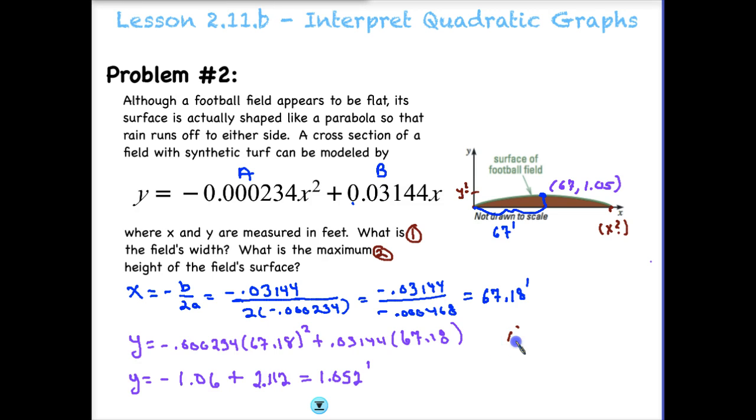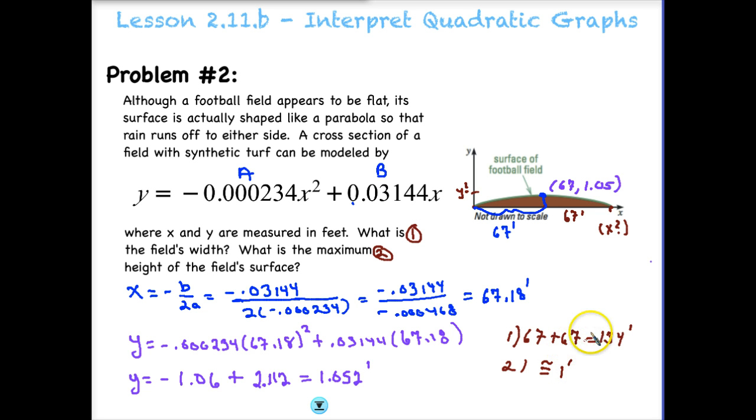Well, the field's width is going to be the 67 here, plus we know it's going to be 67 on the other side because it's symmetric. 67 plus 67, if we add those together, we get 134. So 134 feet across. And for the second question, what is the maximum height of the field's surface? It's approximately a foot tall, approximately 1 foot.